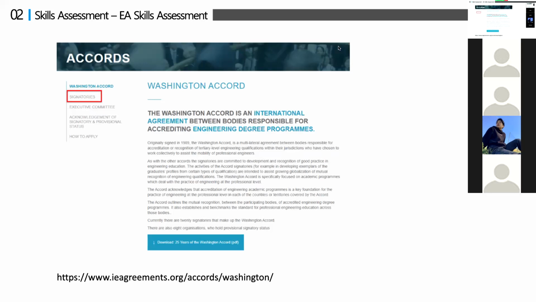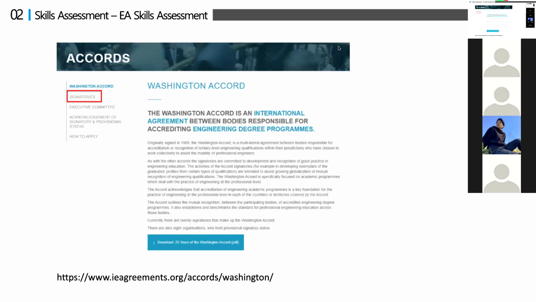Engineers Australia also accepts this Washington Accord. So if you find your university and your course follow the Washington Accord, then you can simply use your qualification and transcript to apply for your skills assessment based on the Washington Accord.